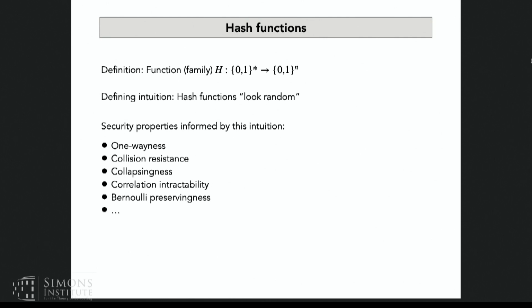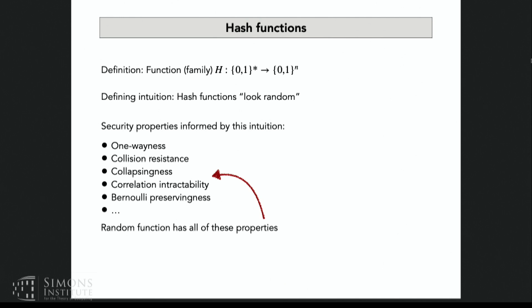Then there are a number of strengthenings of this, like collapsingness, a property that replaces collision resistance in the quantum setting if you use hash functions for commitments, for example, and a number more.